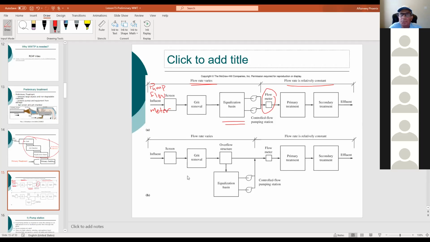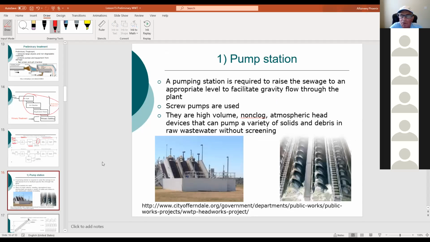Okay. So this is what we are going to discuss. Let's look at these pumps, screw pumps. All right, this is what you have. Here it is. You know, this is actually a wastewater treatment plant. You have 3 pumps. See here, this is the last point of your interceptor.